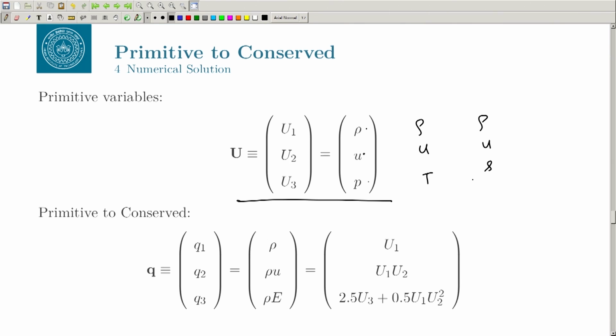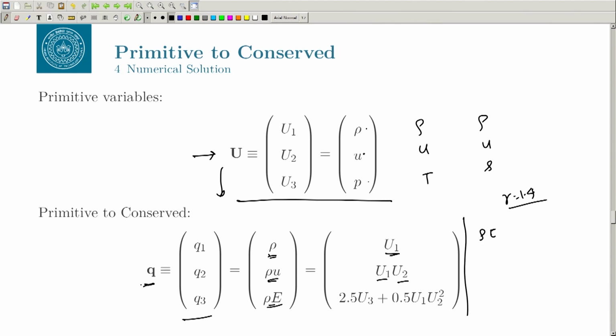If you have the primitive variables, you can convert them to the conjugate variables. The q is a vector here. So, this is q1, q2, q3, that is rho, rho u, rho E, and you can use the primitive variables to calculate the conjugate variables. So, this is u1, rho is rho. This is u1, u2 and rho E, and I use gamma equal to 1.4. You can derive it.